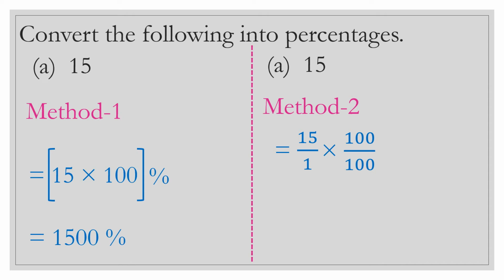So multiply numerator and denominator by the same number 100. Do the multiplication. 15 100s are 1500 and 1 100 is 100. So we get 1500 upon 100. That means 1500%. So what you observe? Yes, both the methods will give you the same answer. So you can choose whichever will be easier for you. But I feel the first method is more easy to understand.